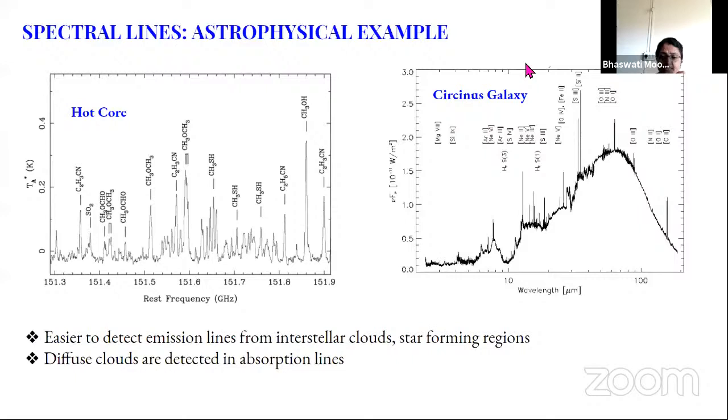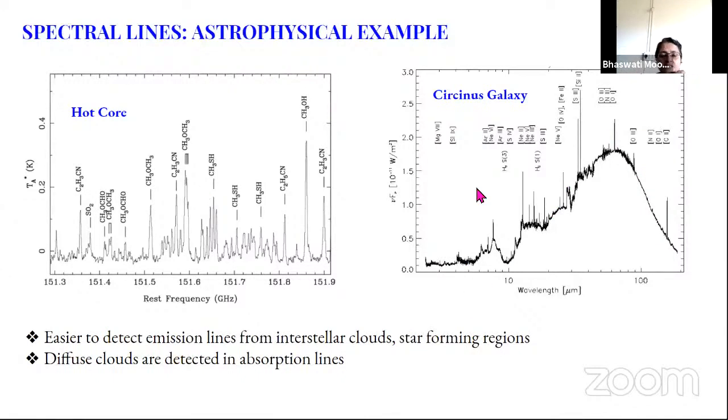As we saw earlier for galaxies also, this is once again the spectral energy distribution, as it is called, for the Circinus galaxy. Here you see there is a continuum. The continuum here, as we will learn later, arises mainly due to the dust, which is a refractory element. I won't confuse you now. But the spikes that you see are the spectral lines.